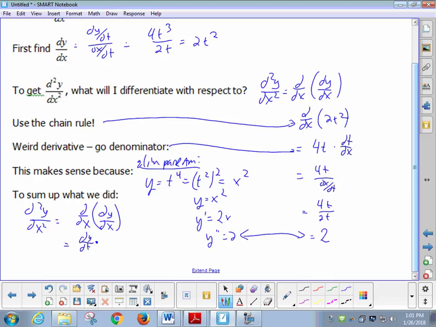I took the derivative of dy/dx with respect to t, and that's where 4t came from, right? But then by chain rule, I also got this dt/dx, which we put in the denominator.